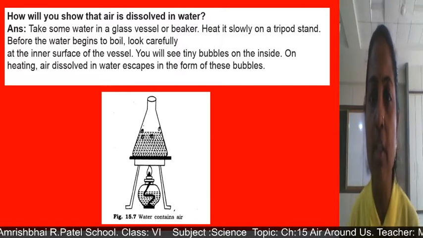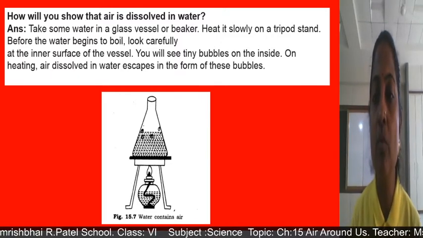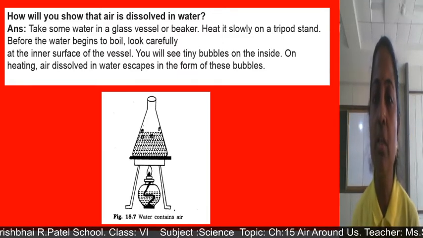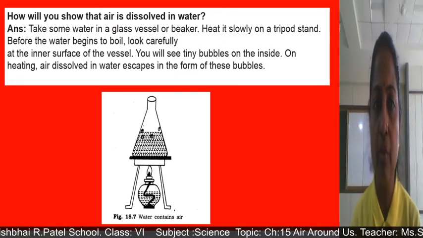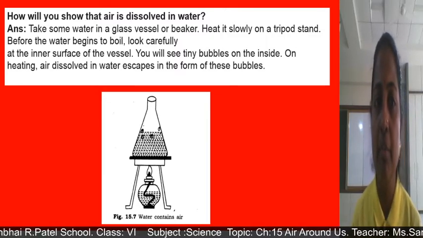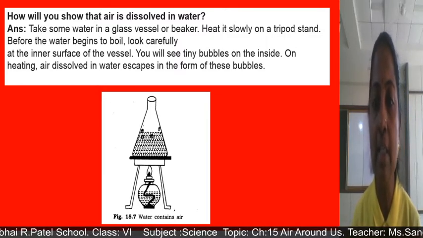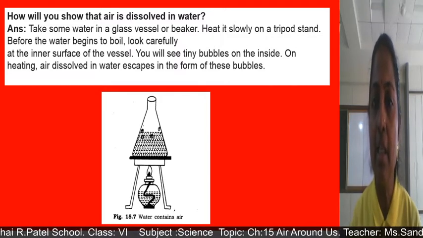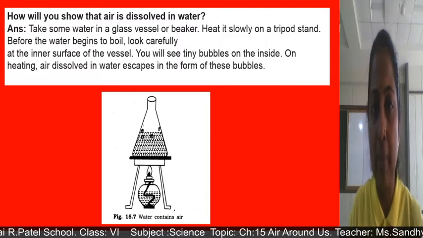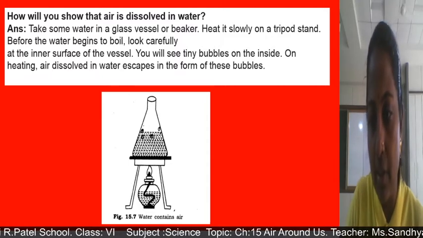When I was boiling the water, at that time the bubbles were coming up. Okay, so these were the bubbles which were present in water, that is, dissolved air, and that air is escaping out from the water in the form of bubbles. So this is this activity.